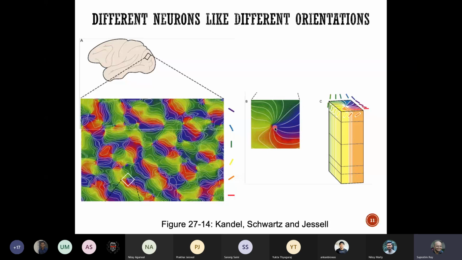You've got a center here that is not really orientation selective, but around it are these columnar structures which prefer different orientations, and they are aligned in a very nice pinwheel structure. This is the structure of the visual cortex, orientation selectivity in visual cortex. There's also selectivity for spatial frequency, selectivity for which eye the information is coming from. It's called ocular dominance, and a bunch of other things.